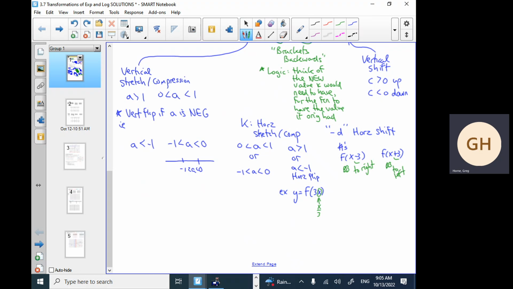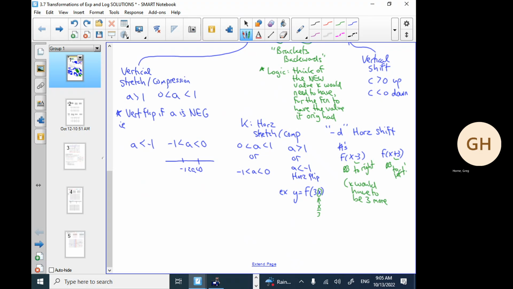So, yeah, the logic to do with that is, of course, like I said before, x for this case here would have to be 3 more for the function to be operating on what it would have been originally, right?